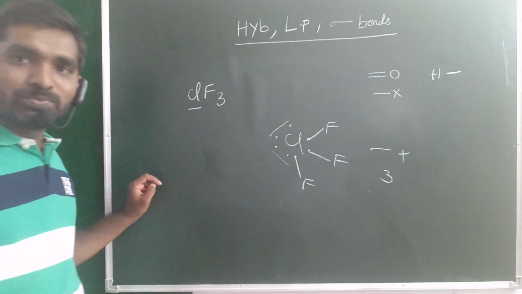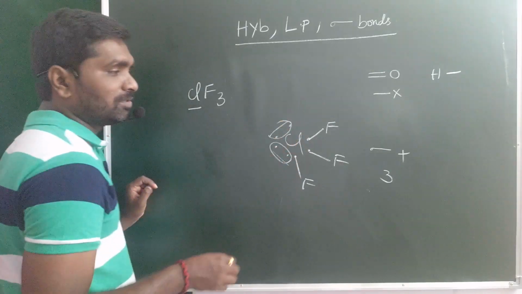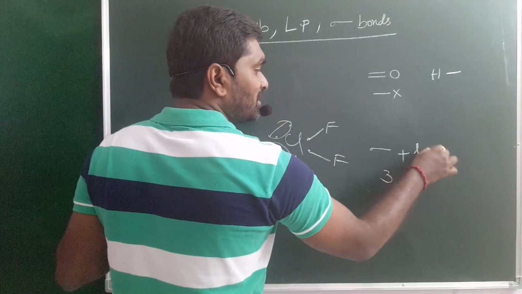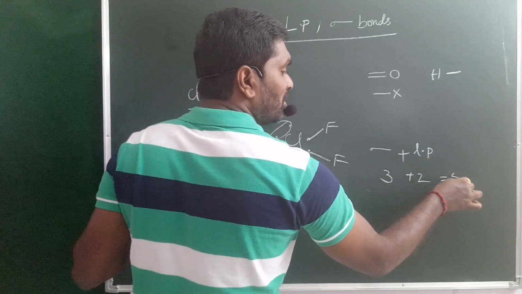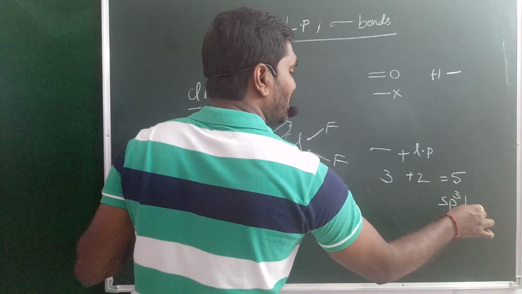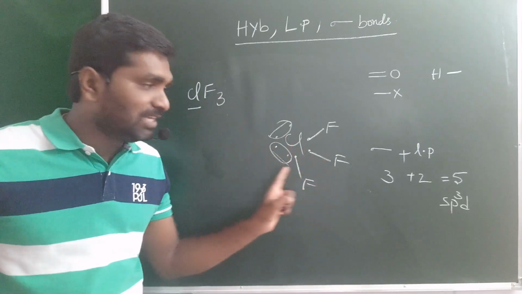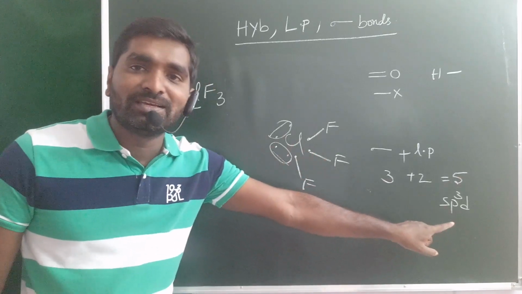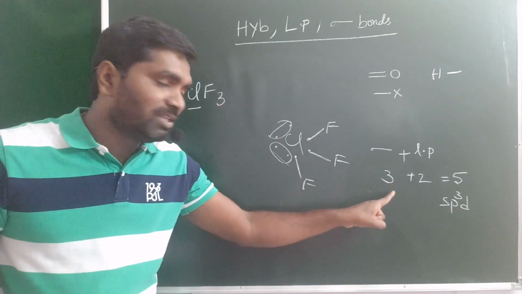The number of lone pairs is 2. The total is 3 plus 2, which is 5, and 5 is written as sp3d. The hybridization of ClF3 is sp3d, and the number of sigma bonds in ClF3 is 3.